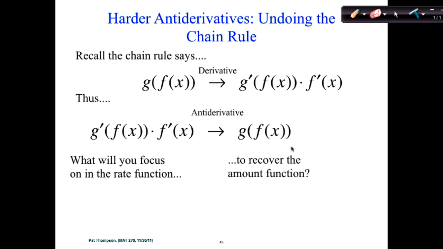You should be thinking A. Exhibit B is what's going to go away, and it has no information about the function g. Exhibit A has everything we need. It's got information about g and f in order to recover g of f. So the first thing is when we come to these, we're going to identify which is g prime f of x.